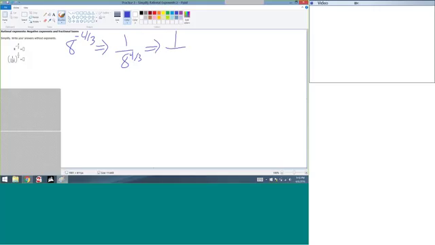And that bottom, we can now rewrite it into radical form. So the root is a 3, so we want the cube root of 8 raised to the 4th power. So cube root of 8 is going to be 2 to the 4th, and 2 to the 4th is 16. So we get 1 over 16 for that first one.